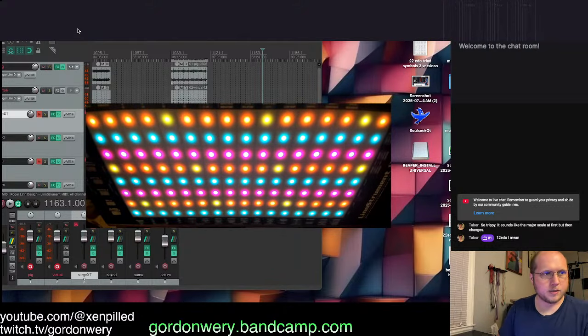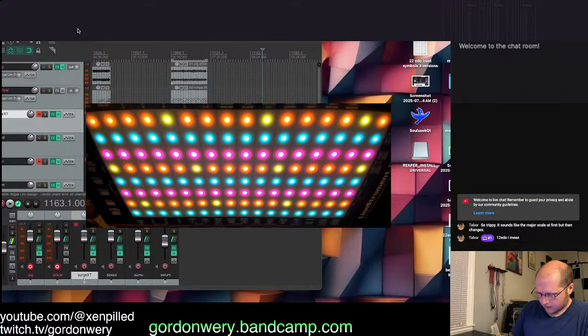But 22 also has a 5L2S diatonic type of scale, but in 22 we call it super Pythagorean. 15 EDO doesn't have a super Pyth, but it does have a nice tone. But the thing is, the nice tone is so weird, which is what I'm about to get into.